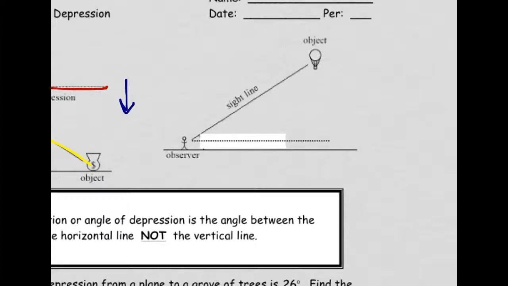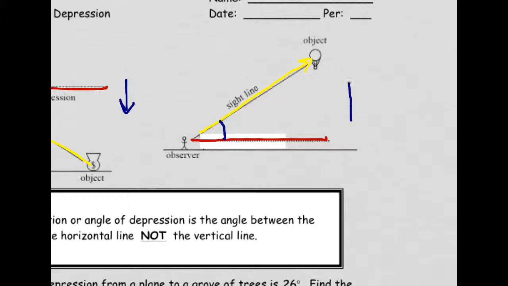The angle of elevation is basically the same thing, only if the observer is looking up. So if the observer is looking up, their sight line is pointing up, and the horizontal line is still from the observer's eye, just straight on. Then we're looking at the angle made by that horizontal line and the sight line.